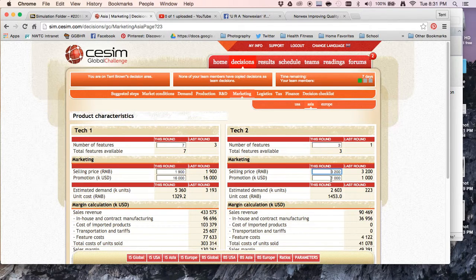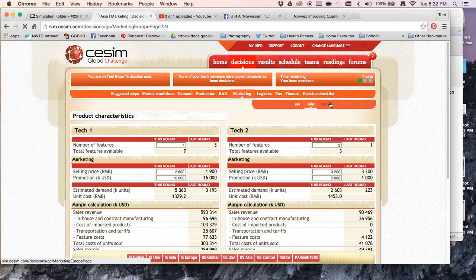I think that is just fine. I'm going to increase that. Now this is in yen, so the dollar amount here looks really high, but that's in yen, Chinese yen, so that's why it's a little bit higher. And I'm going to do this.